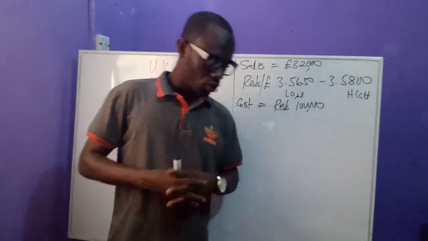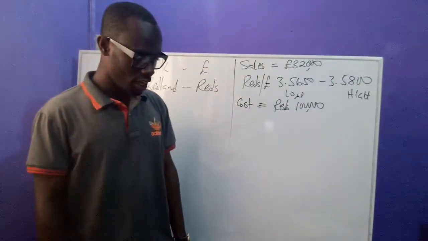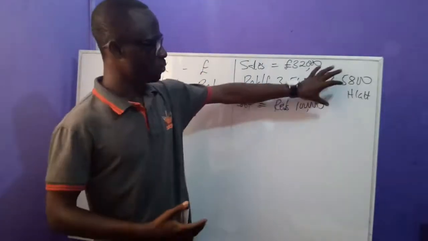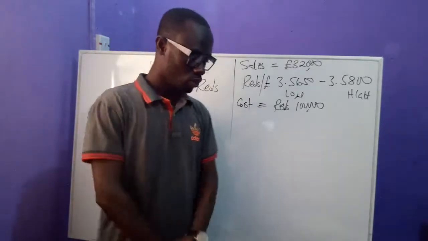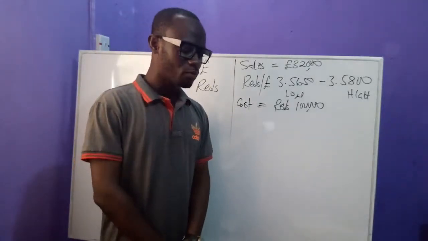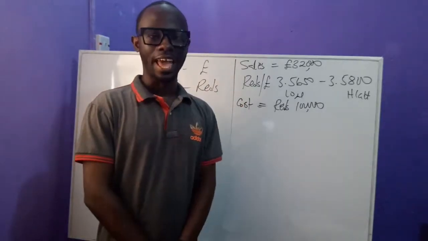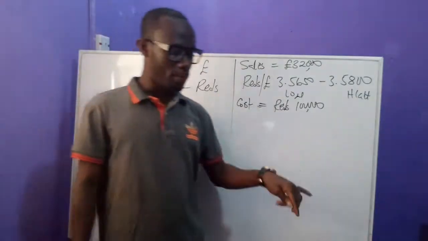And the goods are resold in the UK for £32,000. At the time of the import purchase, in other words, when we were buying the goods, the spot rate was this. Required. A. What is the expected profit on the resale? Then there is a B there.